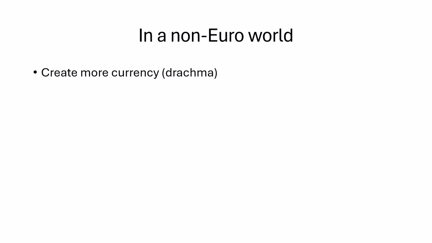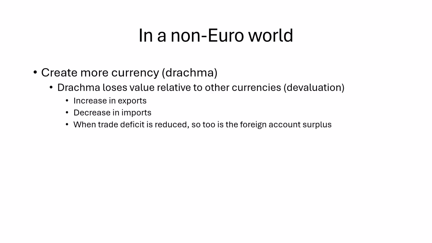Now, in a world where there is no euro, where Greece has total autonomy over its currency, what it would probably do to try to fix this issue is create more currency, okay? If Greece creates more currency, one thing that will do is devalue its currency, like we just talked about before.